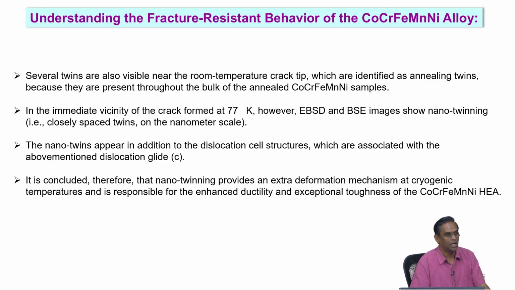If you look at the energy absorption characteristic of any deformation process, slip versus twinning, which requires more energy? This also you should look at. Twinning requires more energy. So I already have slip happening, and then I have an extra nanotwinning which absorbs a lot more energy. That is related to your toughness. So that is the idea.